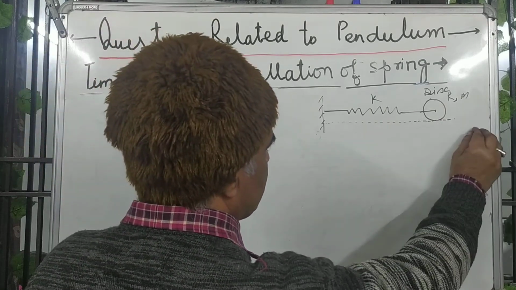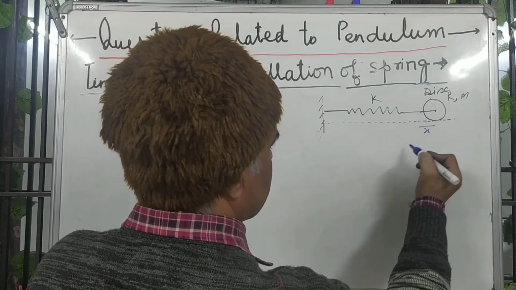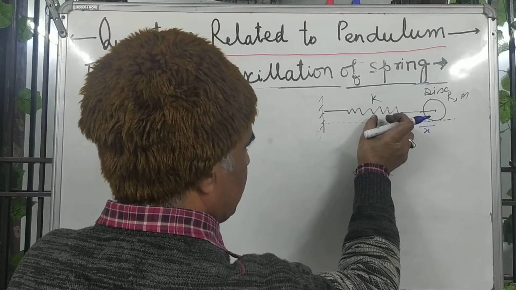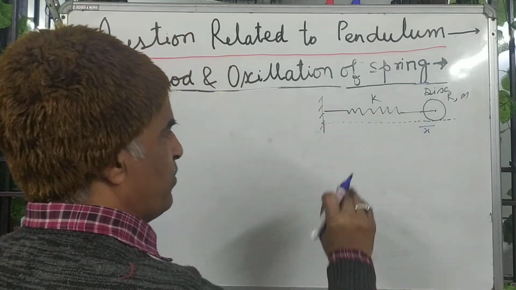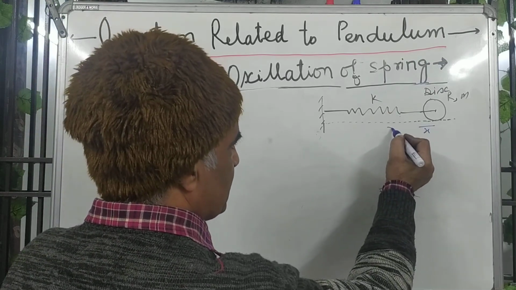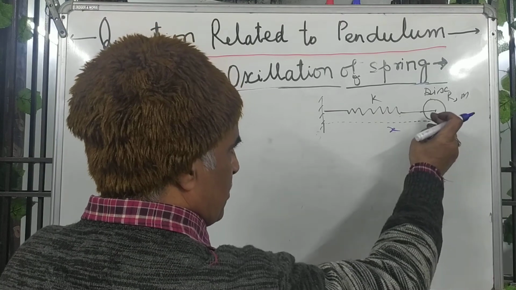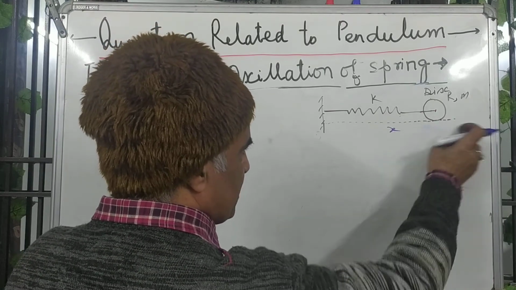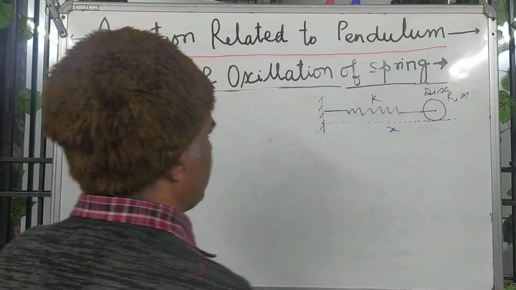Let the extension be x, the spring is stretched by x at that time. At extension x, there is kinetic energy due to translational velocity and rotational velocity.